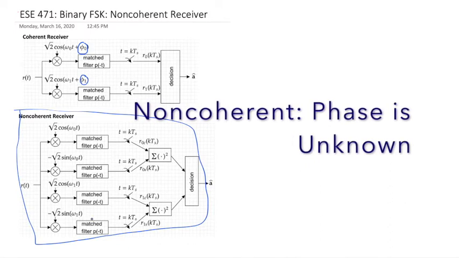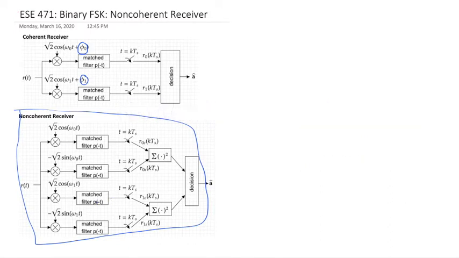In the non-coherent receiver, I don't try to match my phase to the phase of the received signal. I simply note that a cosine at any phase can be represented as I and Q components, where there is some linear combination of cosine and sine in the signal at any time. So instead I correlate my received signal with the cosine and the sine both at the frequency omega naught.